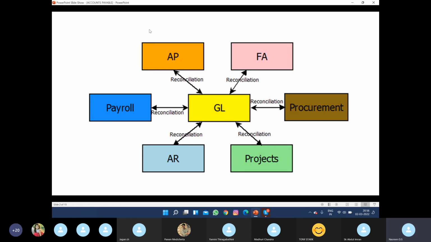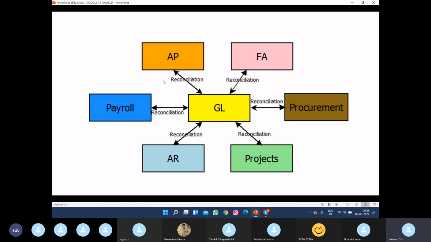They are to be recorded in these submodules. Let's say we have everyday transactions with the vendors, then we are going to store all those transactions in the AP module, and the transaction data is updated in the GL module.